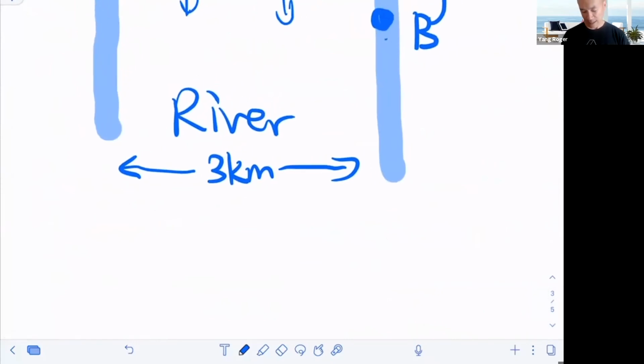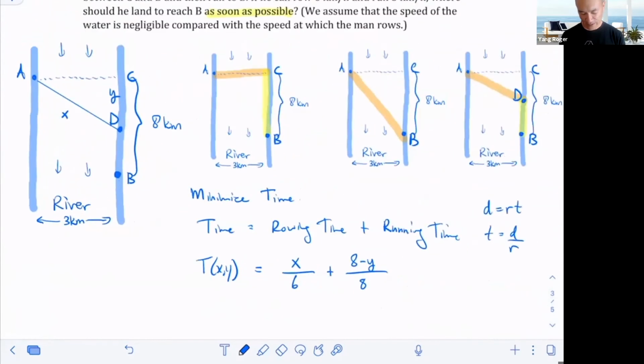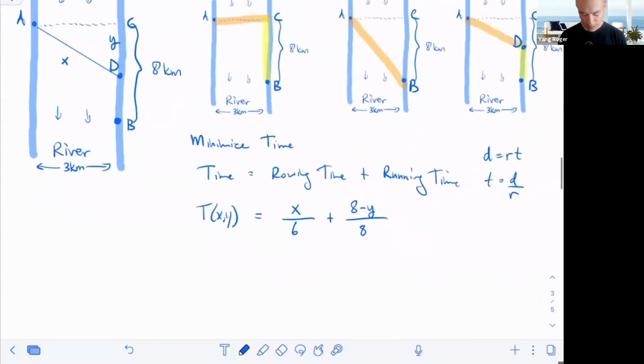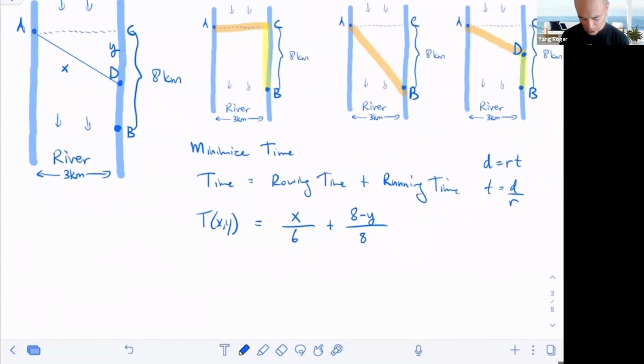That's right, Alice. I have not used the fact that the river is 3 kilometers wide. So if I knew that I had this picture, well, hey, you put too much pressure on me.